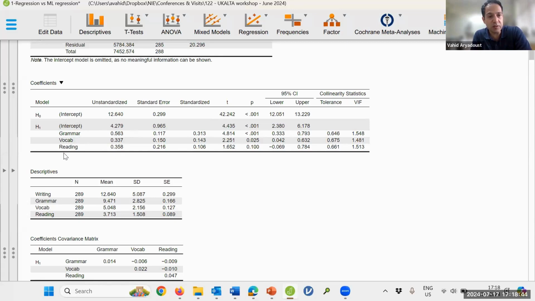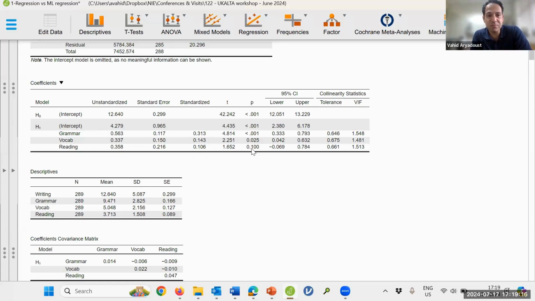And in the same way, let's say reading. If the reading scores of students increase by 1 unit, the writing scores will increase by 0.358 units. However, this increase due to reading is not statistically significant, as you can see in the p-value column. Even though it increases, it's not statistically significant.